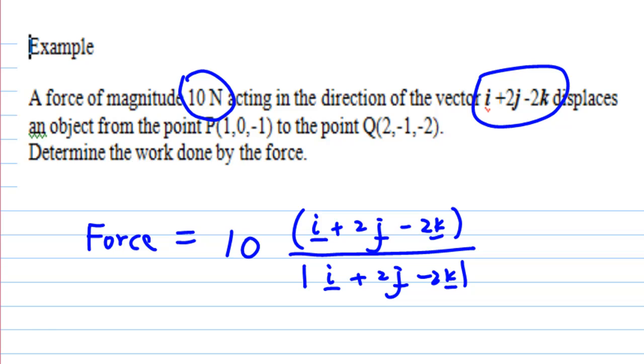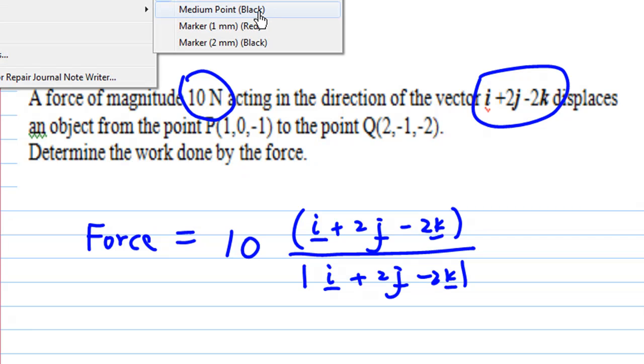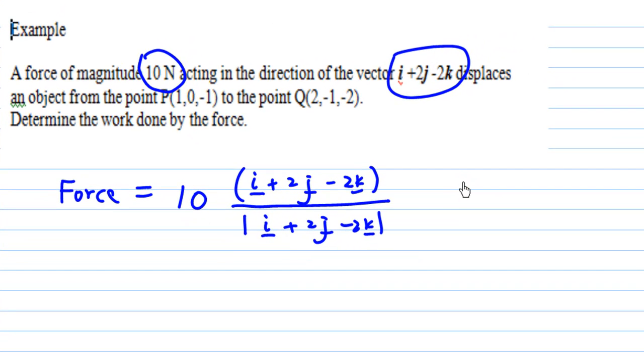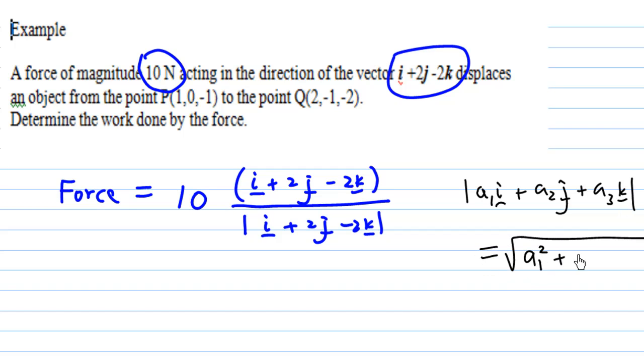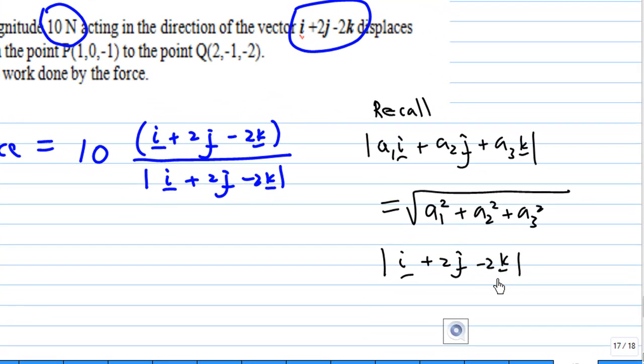Let's calculate the length of this vector. We know that the length or magnitude of a1 i plus a2 j plus a3 k is equal to the square root of a1 squared plus a2 squared plus a3 squared. So the magnitude of i plus 2j minus 2k is the square root of 1 squared, plus 2 squared, plus minus 2 squared.